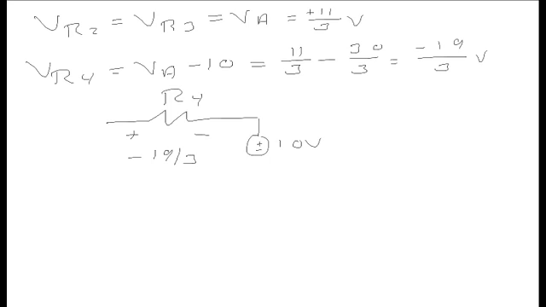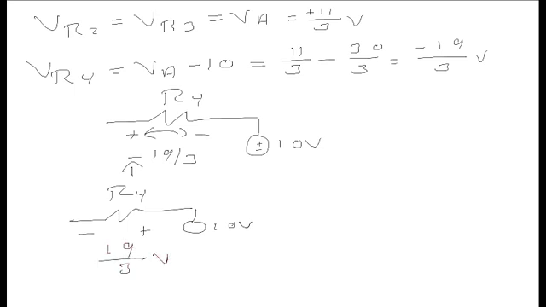I'd like to make everything positive, so I have to flip the sign here and switch the directions. So it turns out that R4's voltage is actually plus minus in that order, and now it's positive 19 over 3 volts. I now know all of the voltages across all of the resistors. That can now lead me to using Ohm's law to get all the currents.